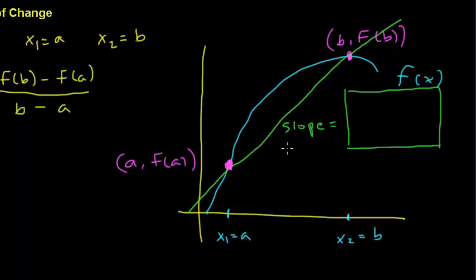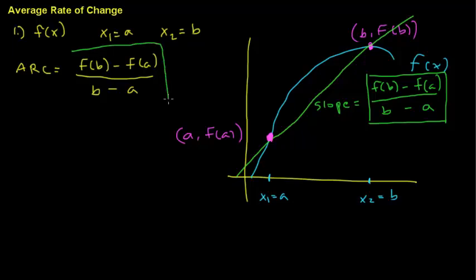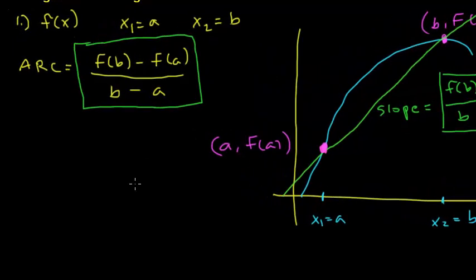Okay, hopefully you've hit pause and done the work on your own, so let's confirm. The slope of a line based on 2 points is just the y-coordinate of the second point minus the y-coordinate of the first point divided by the x-coordinate of the second point minus the x-coordinate of the first point. But notice this formula for the slope of this straight green line is the exact same as the formula for the average rate of change.